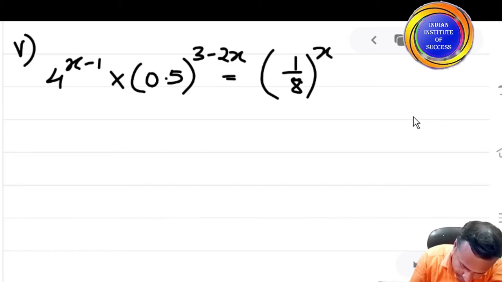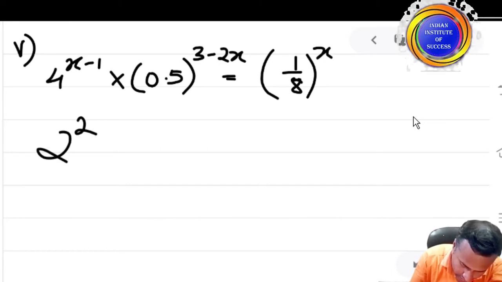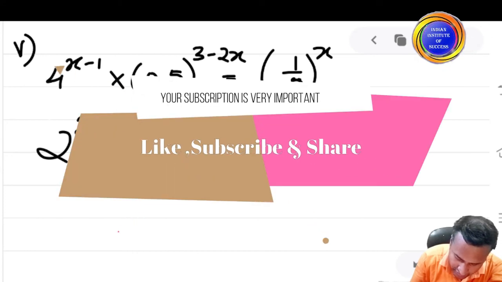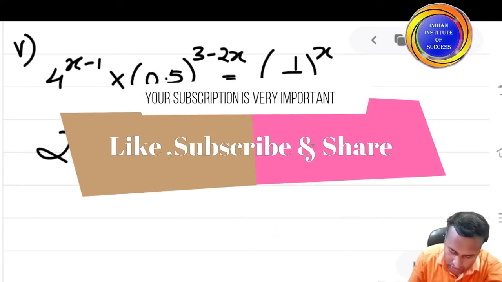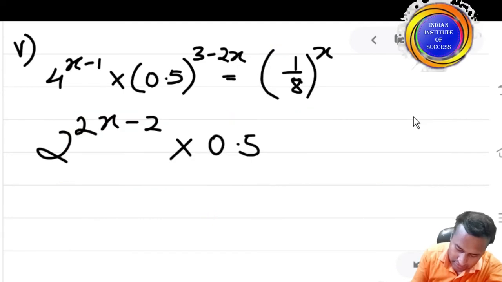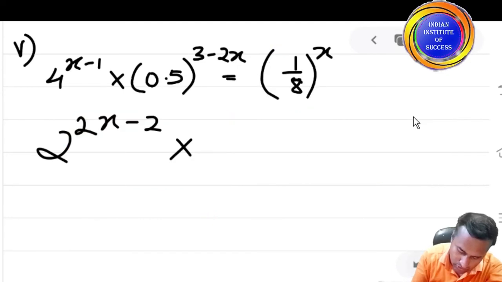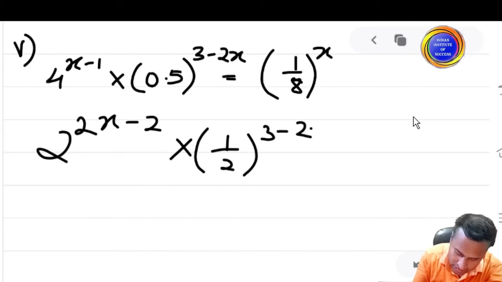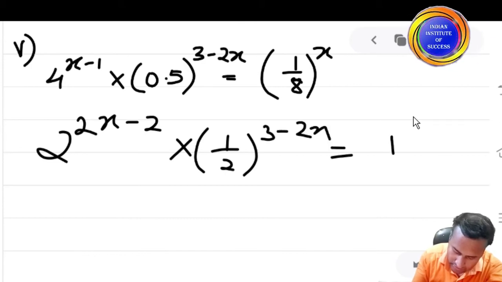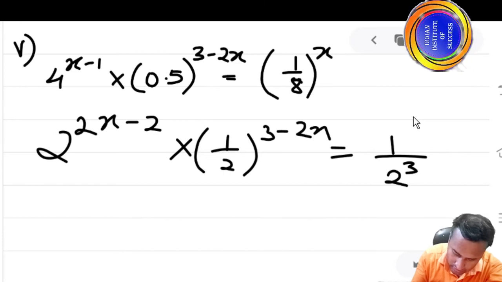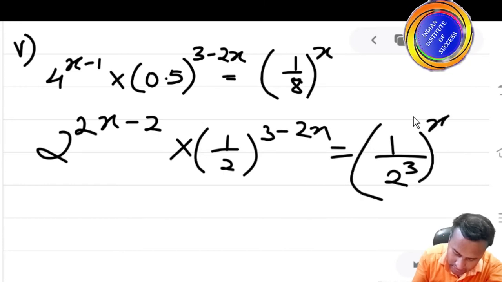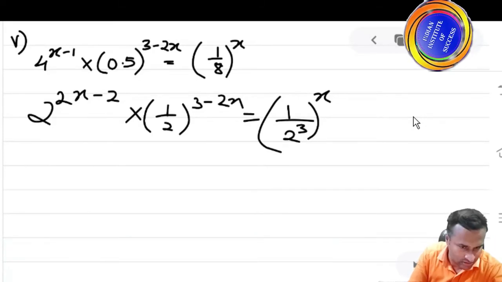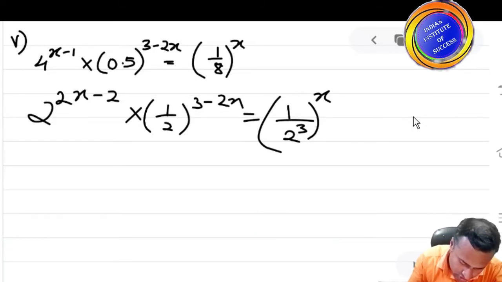Now first, 2 is to power 2x minus 2 into 0.5 into 3. 0.5 means 1 upon 2. 2 is to power 3 minus 2x equal to 1 upon 8, means 2 is to power 3, the whole power is x. Now you will realize the same thing whatever I am thinking about this question.